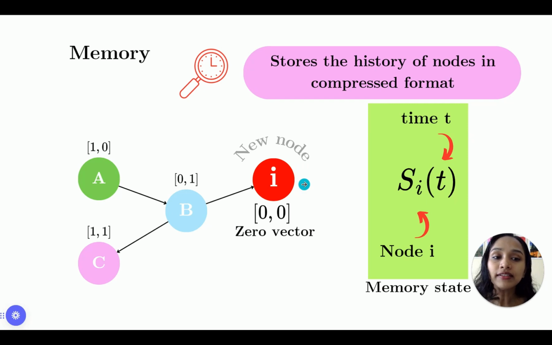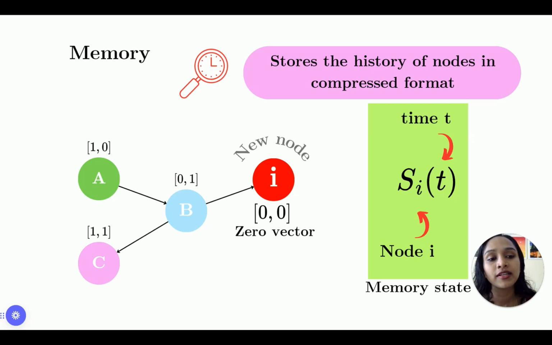Now whenever there is an event happening with this node I, like when this node I is interacting with another node or the label of this node I is changing, every event that involves this node I is stored in this memory module. So this memory module has the history of all the nodes in this graph and all the events that happened involving those nodes.